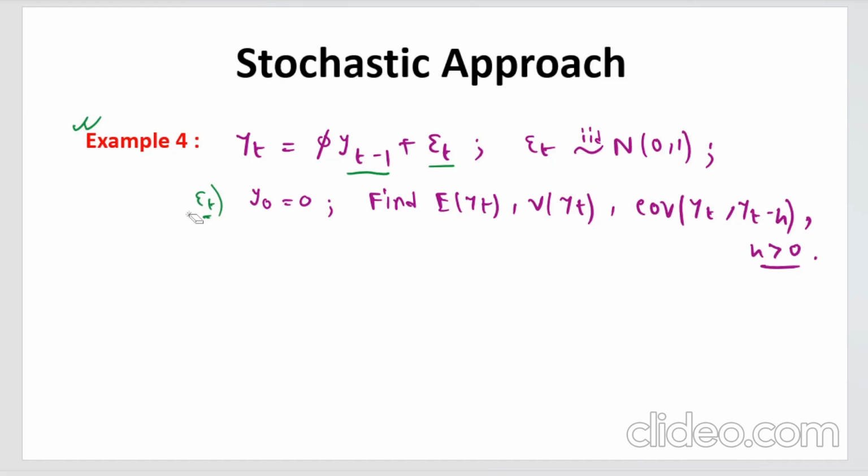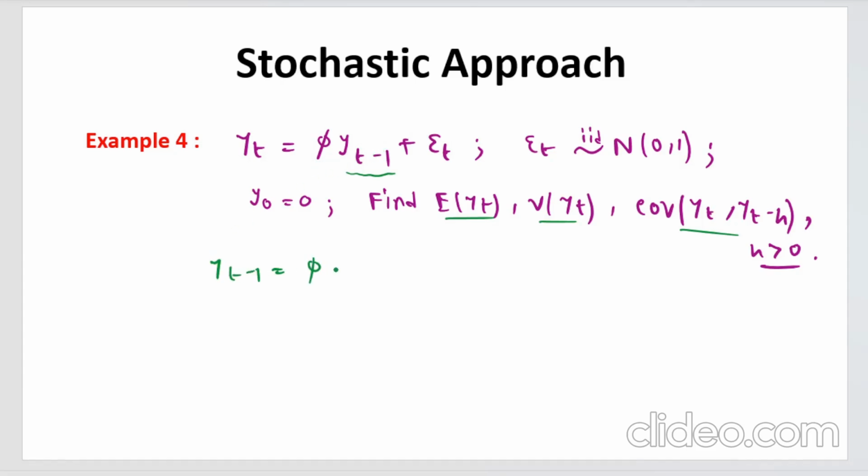But as of now, if you are given this question, how do we handle it? Here you have to find the same things: expectation, variance and autocovariance. But here you have a little problem. What is the problem? Here yt minus 1 is also a random term, right? Yt minus 1 will have its own distribution.